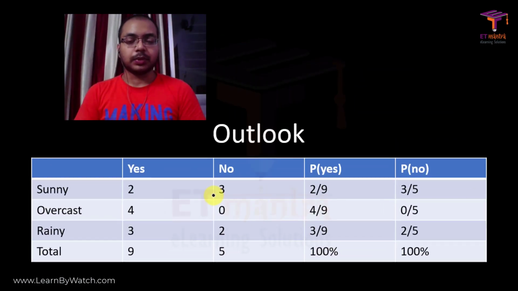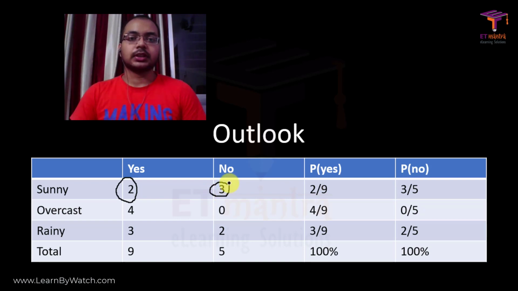So I've compiled the Outlook dataset, and here are the statistics. On the first row we have the number of cases when it was sunny, and you can see that we have a column yes. This 2 here represents the number of days when it was both sunny as well as yes. Yes means that the match was played.